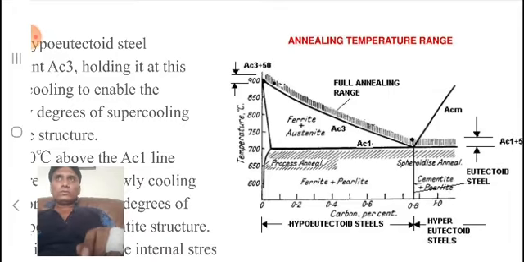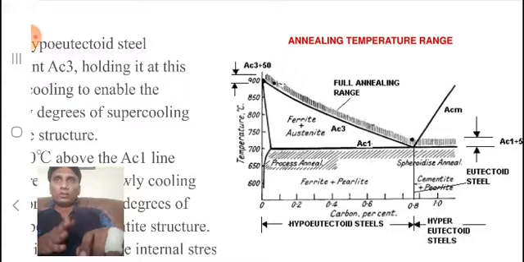The hypoeutectoid steel is heated above the A3 line and then slowly cooled, which gives a structure of ferrite plus perlite. The structure that gives ferrite plus perlite is hypoeutectoid steels, carbon containing less than 0.8%.